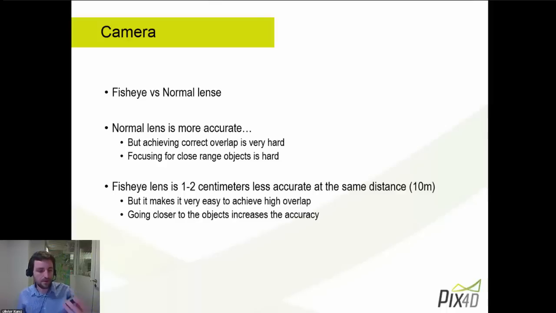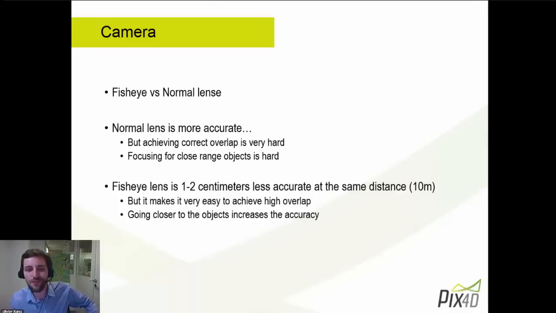So this is the GoPro Hero 4. Then this is the Sony 7R with a fisheye lens, as you can see in the front. And there we also have the Canon 5D, as you can see, also using a fisheye lens.